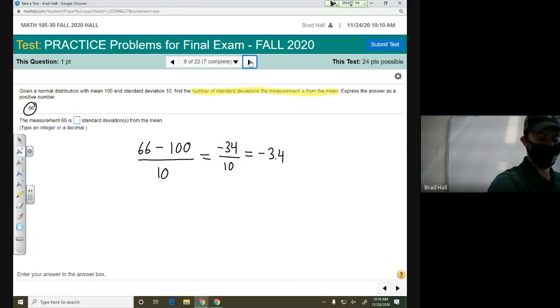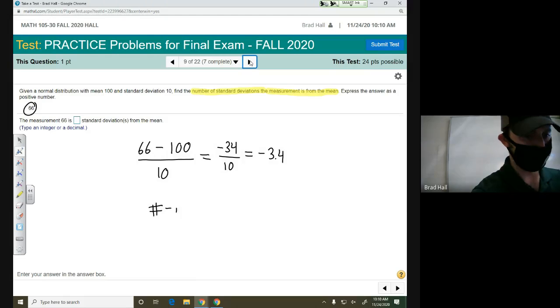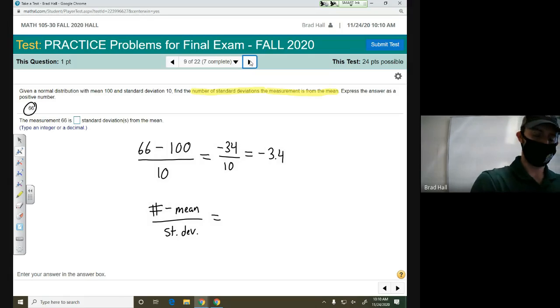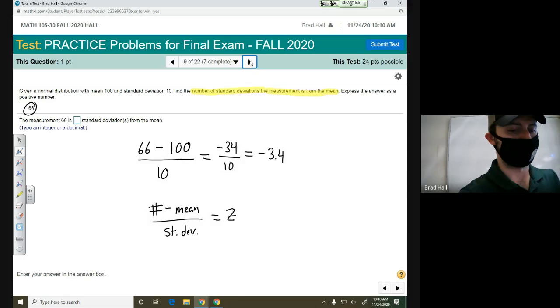So this is a formula that I talked about in class. It's the number minus the mean divided by the standard deviation. And really, technically, this is the z-score.